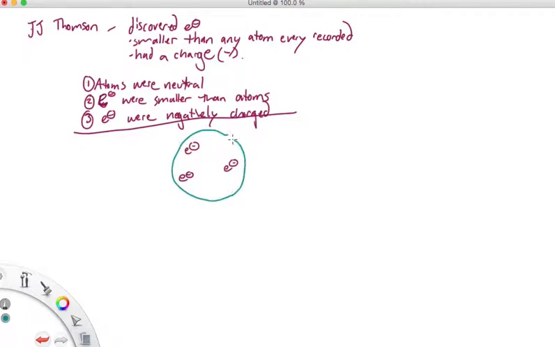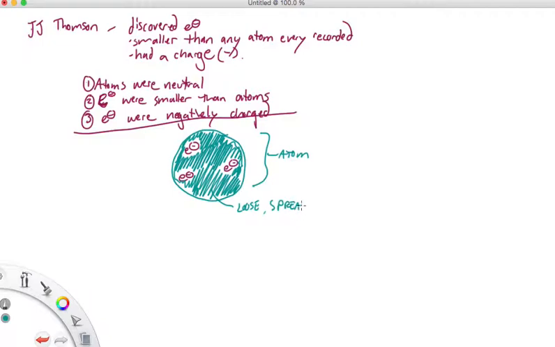Here's the atom. The whole thing would be an atom. And he thought that the other stuff that made up the atom, that was not the electrons, which I'm drawing right now, was a loose, spread out, positive charge.